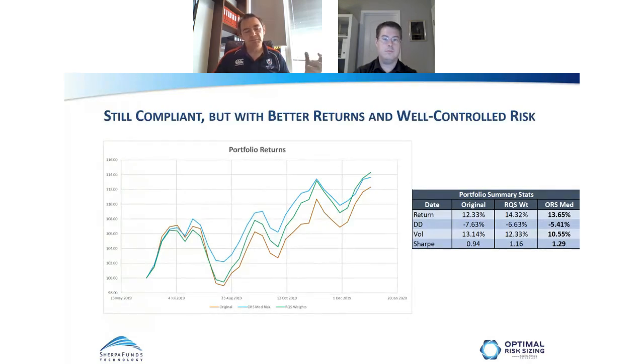So by calculating the weights using a systematic approach, which takes account of the views, the riskiness, and the co-movement, we get a portfolio that performs better by certainly the three primary things one should care about: return, downside volatility, so drawdown, and actually overall vol riskiness.